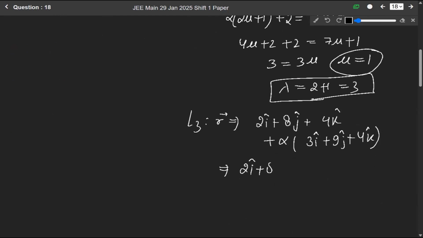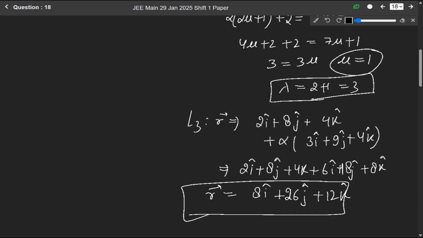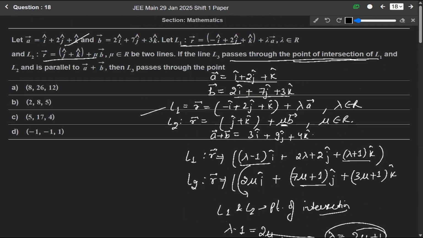So it will be 8î plus, sorry, this will be 18, so 18 plus 8, 26ĵ plus 12k̂. So L3 will be equal to 8î plus 26ĵ plus 12k̂, meaning 8, 26 and 12, which means option A is the correct answer.